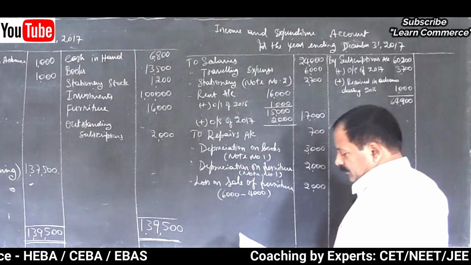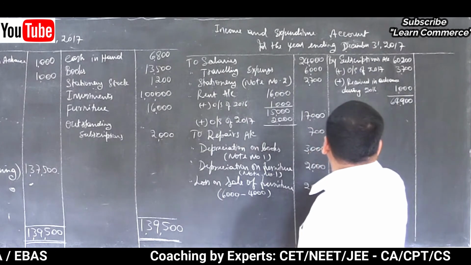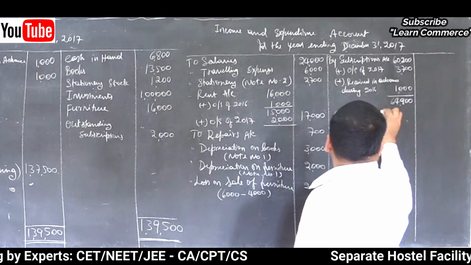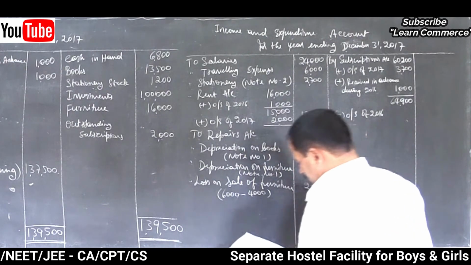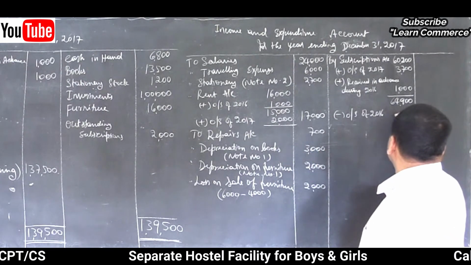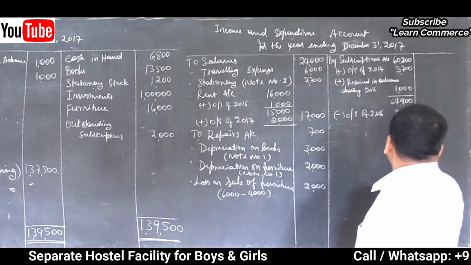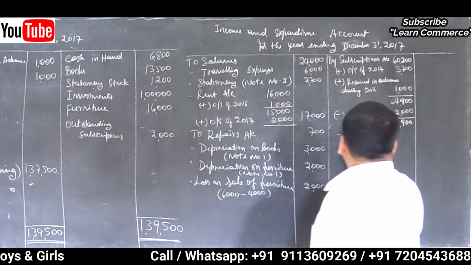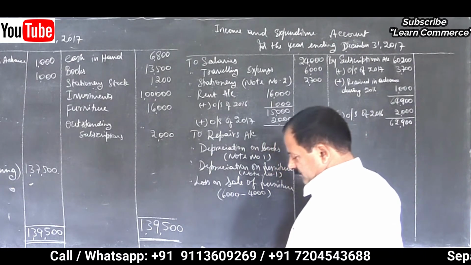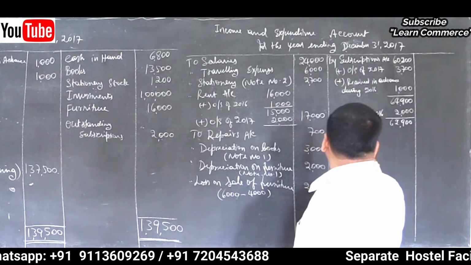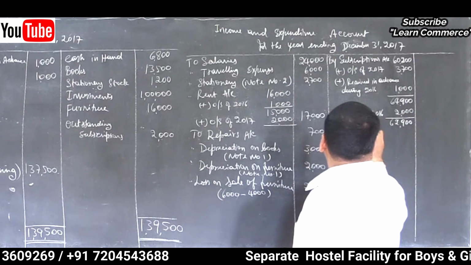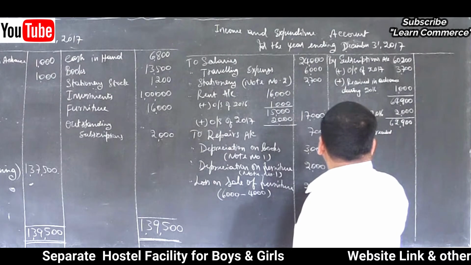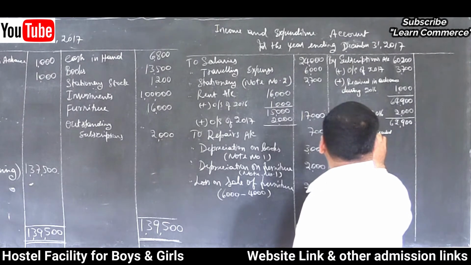Then minus outstanding at beginning, outstanding of 2016, wasn't it? 2,000. 62,900 minus advance received at the end, advance received of 2018.